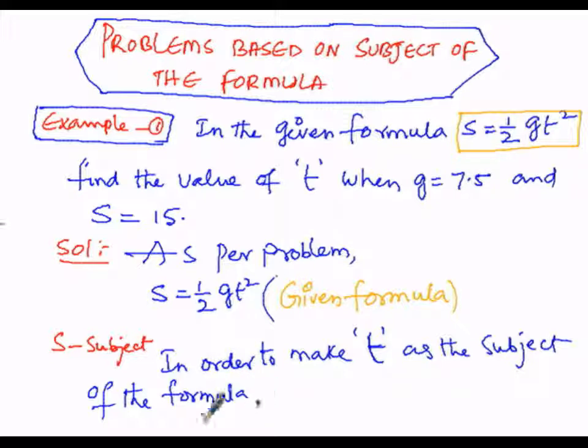The given formula is S equals half g t square. We have to write t alone on the left hand side to find its value and to make t the subject, but t is on the right hand side. So, here we have to interchange the LHS and RHS quantities.